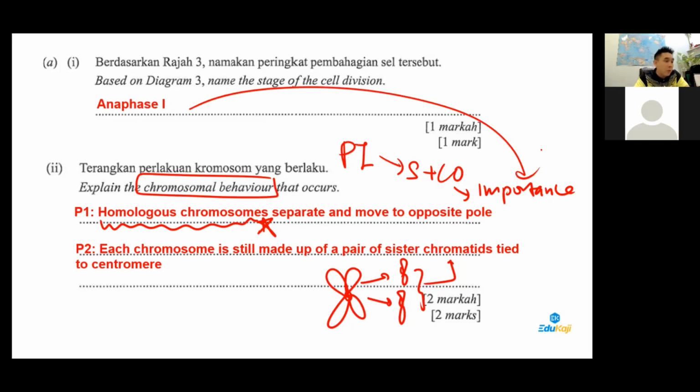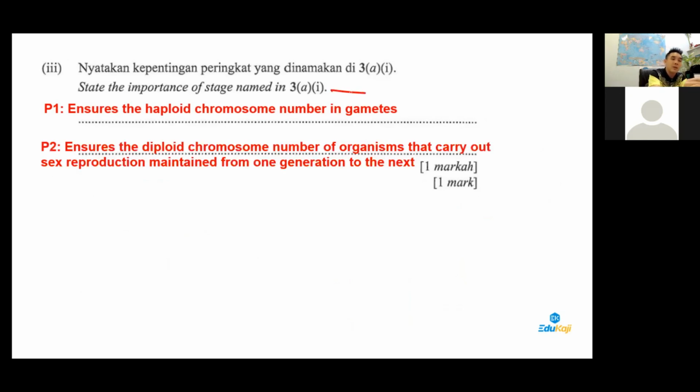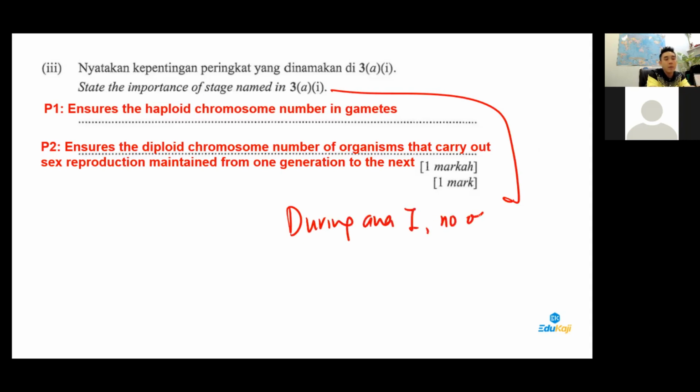So for anaphase 1, number of chromosomes will become haploid. Okay, or you can first say, guys, you can first say during anaphase 1, number of chromosomes are halved.